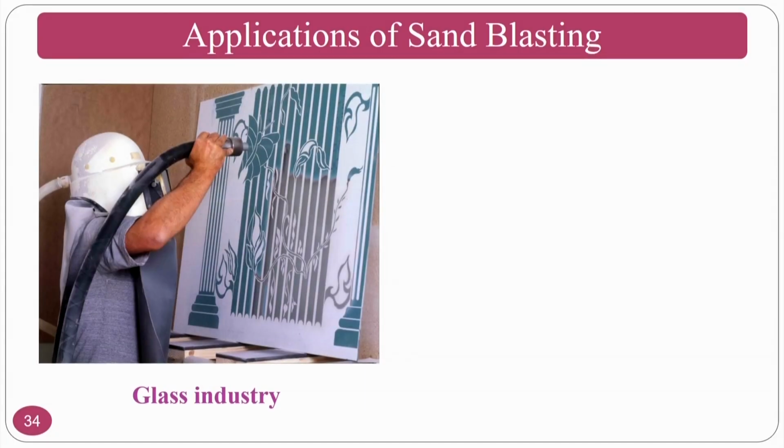Some of the other applications of sandblasting is the glass industry. In the glass industry you can do painting-type work, or you can cut shapes as per your requirement. At the same time you can make beautiful, complicated sculptures. You can use a fine nozzle and generate textures on the glass.